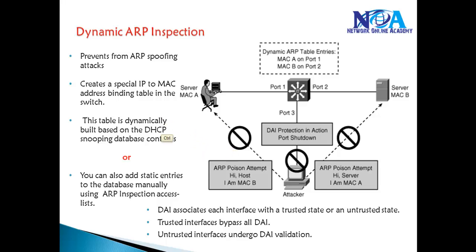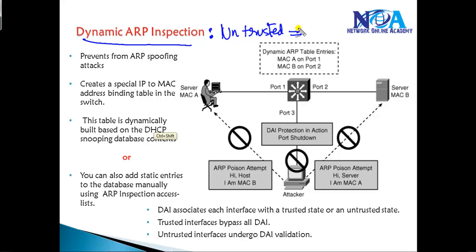Now by default, whenever you enable dynamic ARP inspection, all the ports will be referred to as untrusted ports. When we say untrusted, it means each and every port has to go through dynamic ARP inspection checking, which means it has to go through a validation or verification of IP to MAC information based on the binding database.